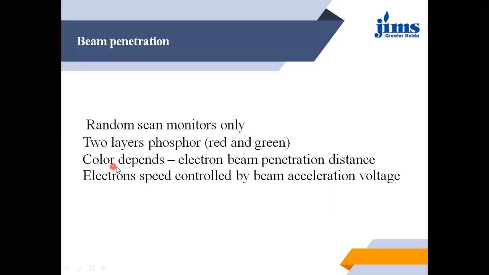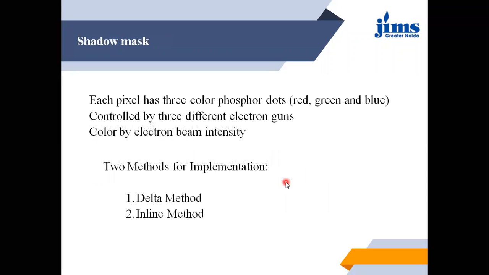The color depends on how far the beam penetrates and strikes the phosphorus. The electron speed is controlled by the beam acceleration voltage.